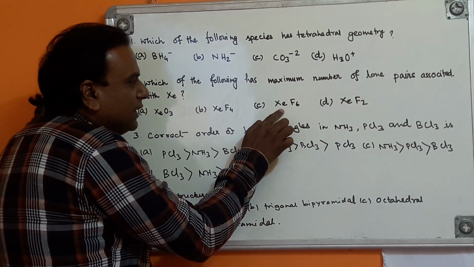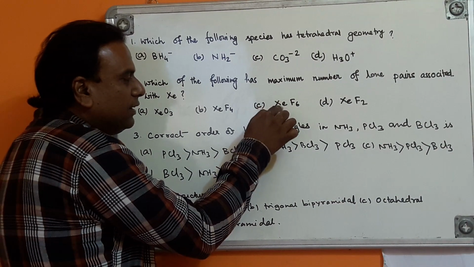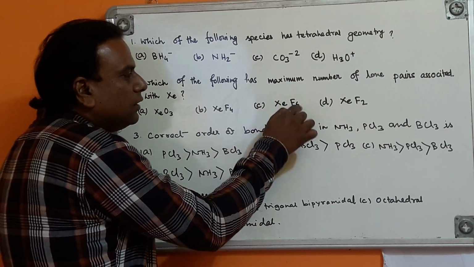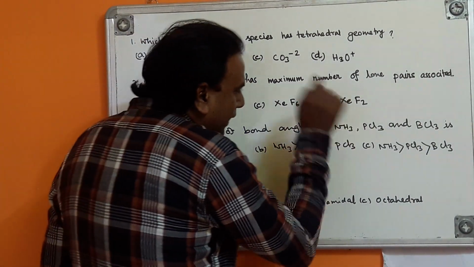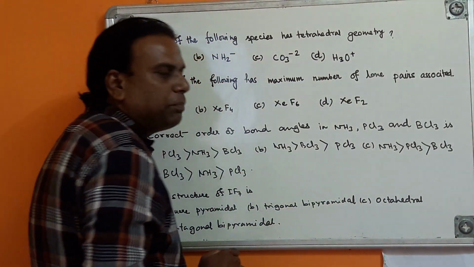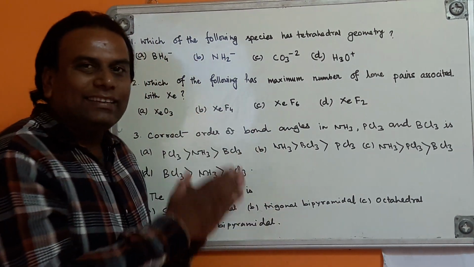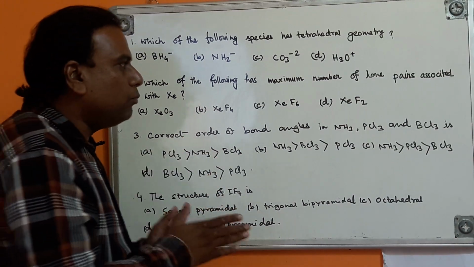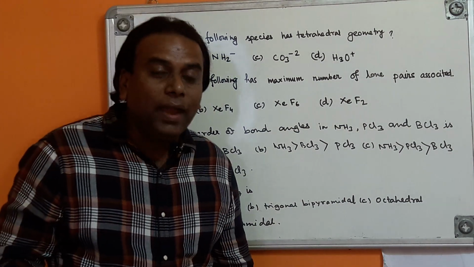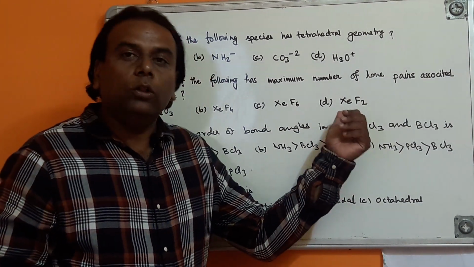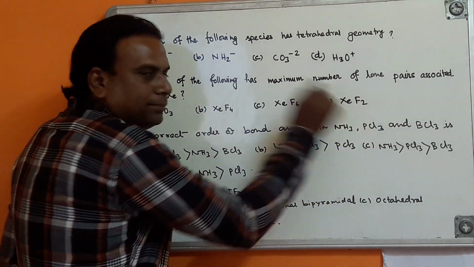In option C, 6 valence electrons of xenon are participating to form bonds. But in option D, only 2 electrons are participating to form bonds. So the minimum number of valence electrons used to form bonds is in this compound. That means the maximum remaining electrons are present to form lone pairs in this compound only. So the answer is D.